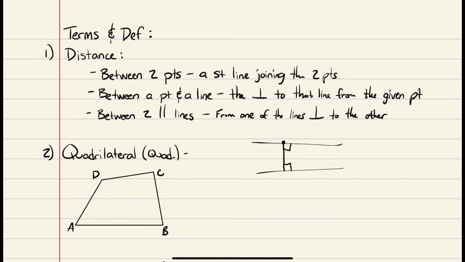We can't necessarily say it's perpendicular to the first line that it came from. We could prove it, but by definition, we're only saying it's perpendicular to one of those lines. We could draw from a point in this parallel line to the other one and say it's perpendicular to that one. And again, we could prove that it's perpendicular to both, but by definition, we're not saying that.